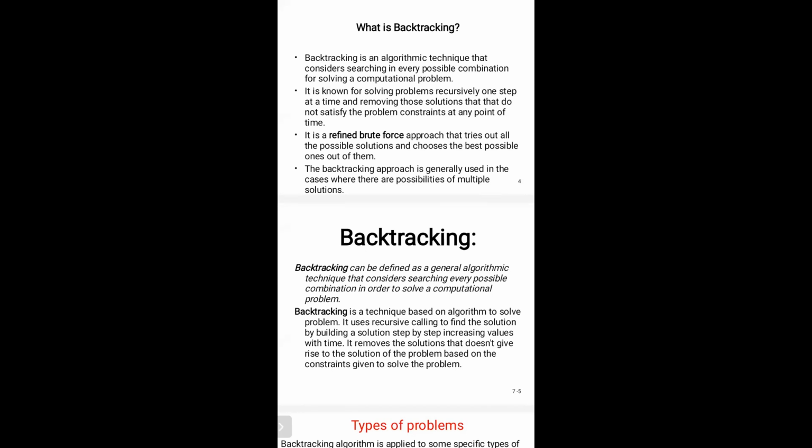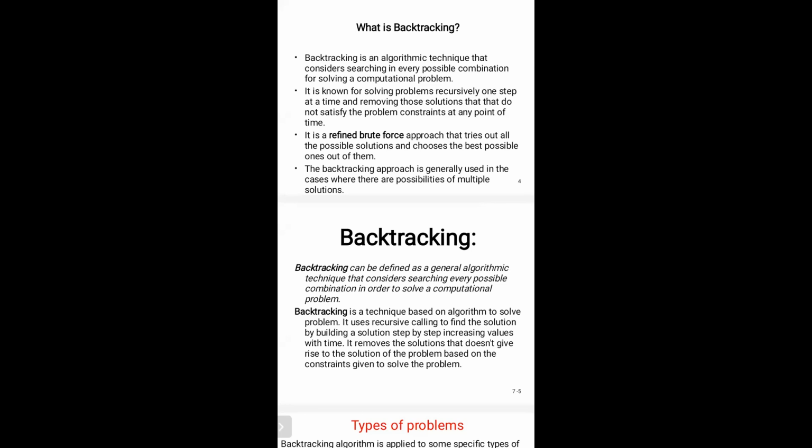Brute force approach is a general approach which takes more time. It tries out all the possible solutions and chooses the best possible one out of them.